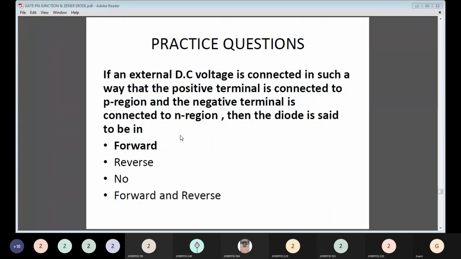The correct answer is forward biased, because the given question says the positive terminal is connected to the P region and negative terminal to the N region, so the diode is said to be in forward bias condition or forward bias direction.